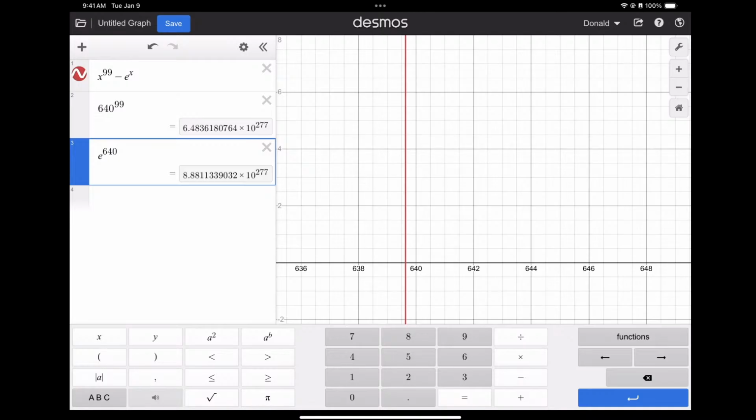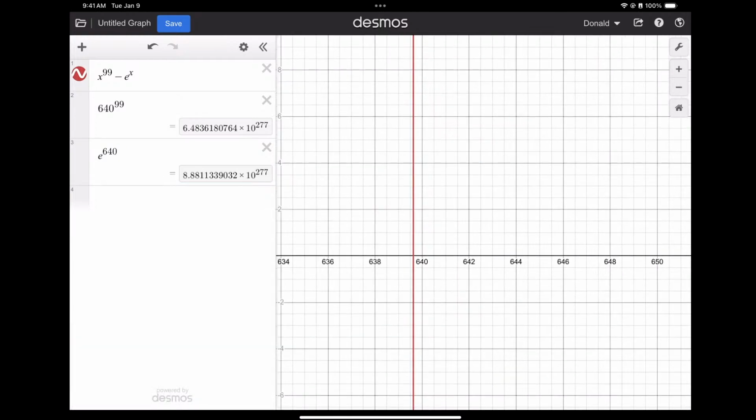But that's a huge number, if you ask me. It's so large, but this one eventually overtakes that one.